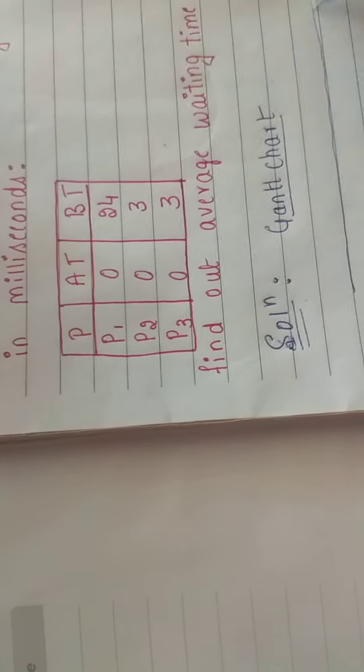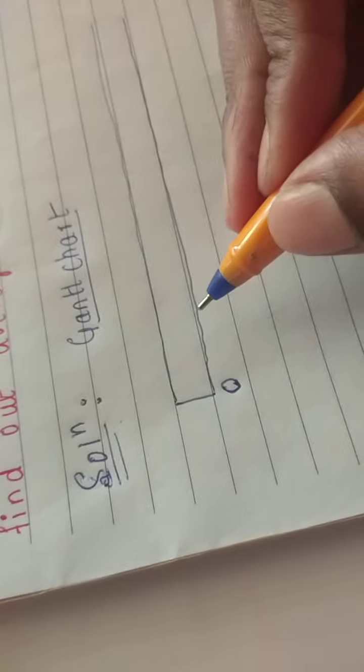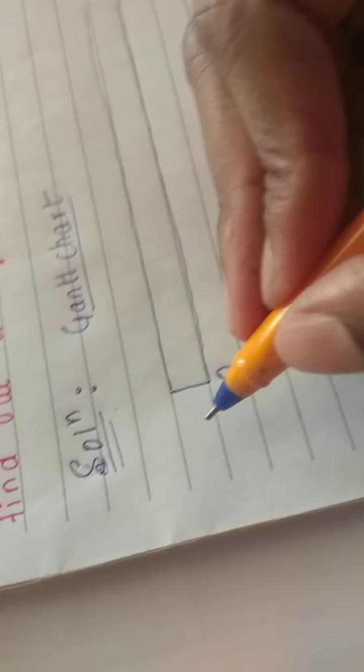First you need to draw like this. I have written a box and written 0 here. Why? Because you consider this box as the CPU. I need to dump all these processes that are present over here into the CPU.